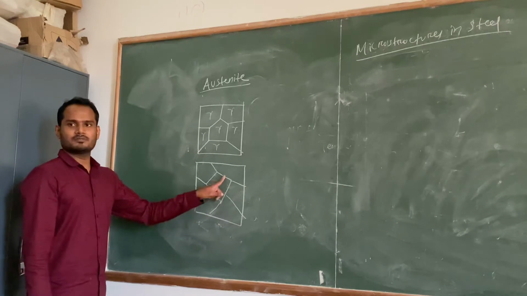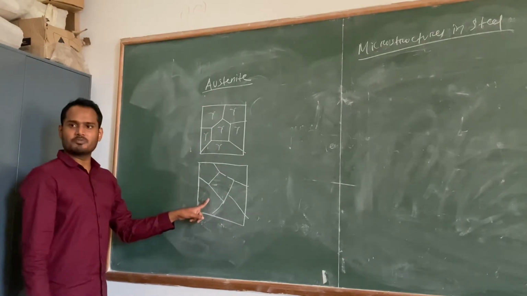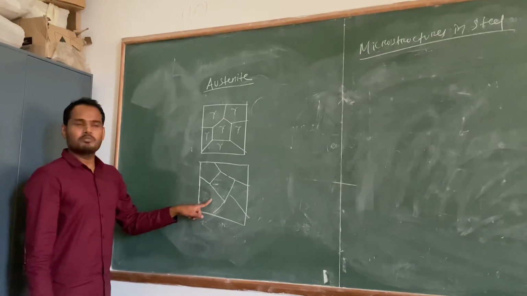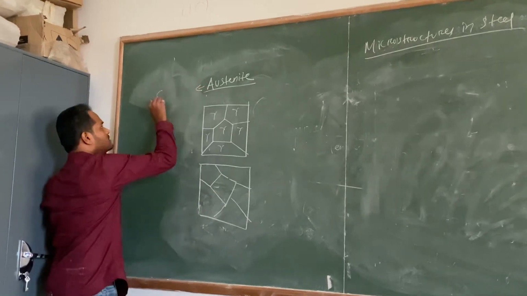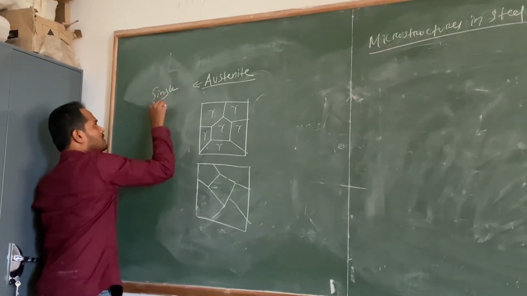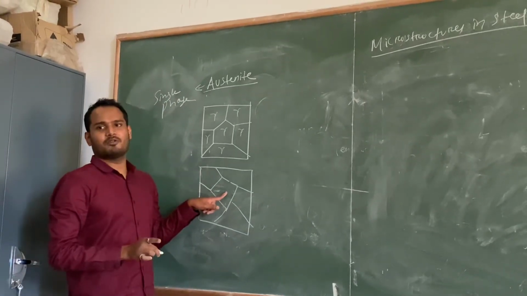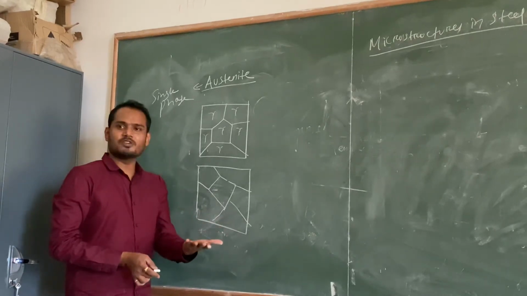Big grains. Austenite is a high temperature phase, so the grains are also bigger. So big grains, and only grain and grain boundary. Why? Because austenite is a single phase. A single phase always has grain and grain boundary, nothing else. Under a microscope, you can see only grain boundaries.